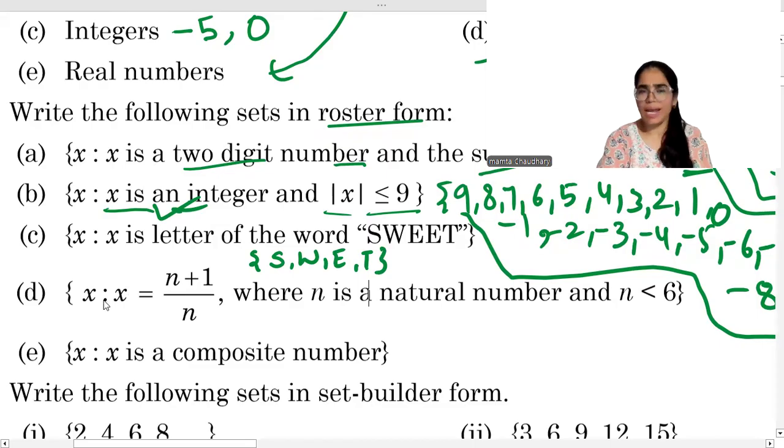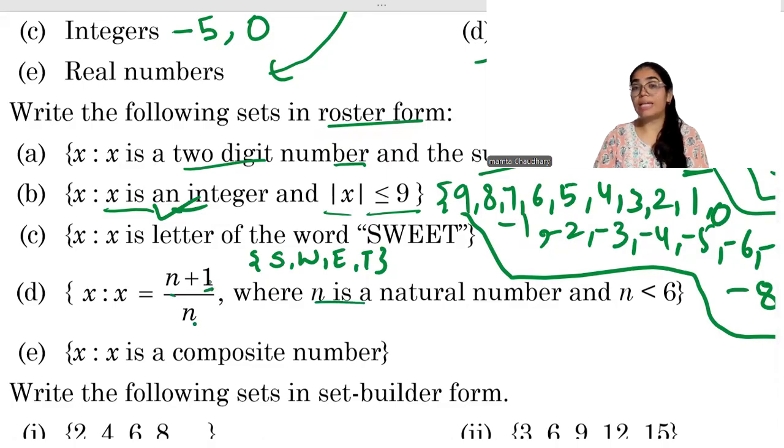Now next, X where X is written in the form of n plus 1 upon n, where n is a natural number and n is less than 6. Natural numbers start from 1.